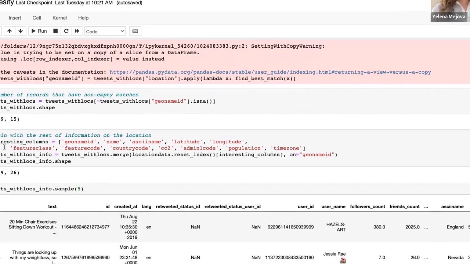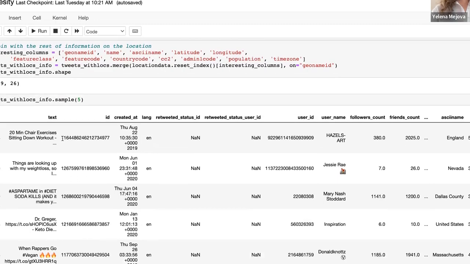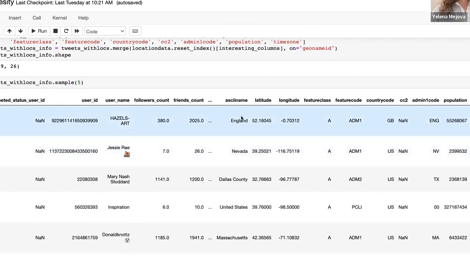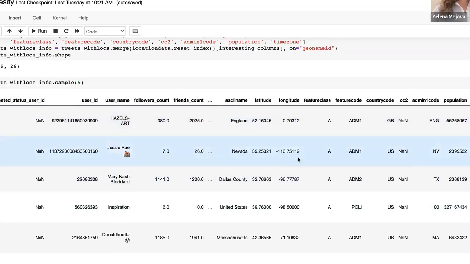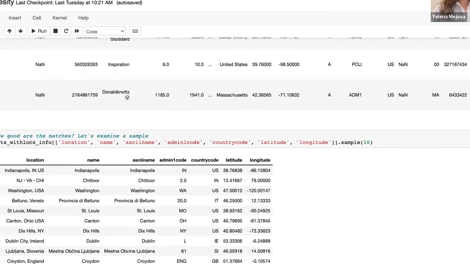Then we take the columns associated with these geolocations and add them to our table with the tweets, and voila, we have tweets and the name of the location, where it is physically, and some other interesting things about the location, including population, which is very handy.